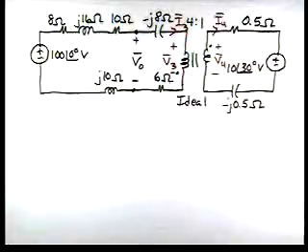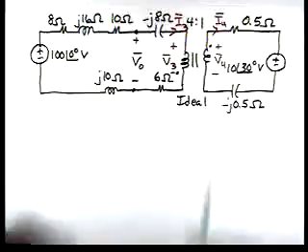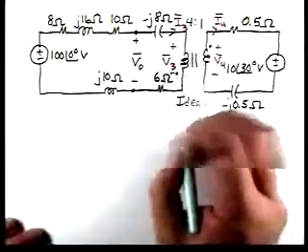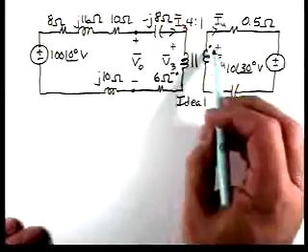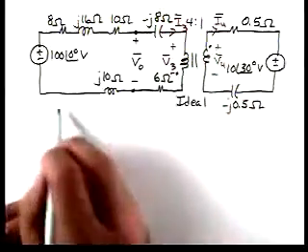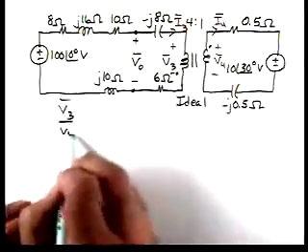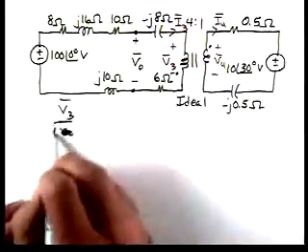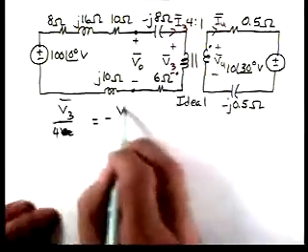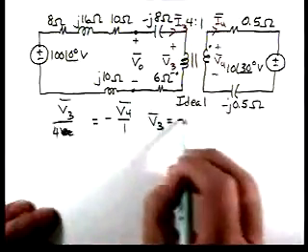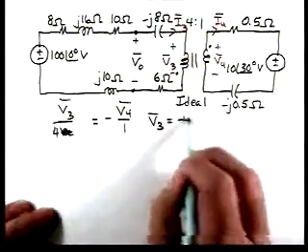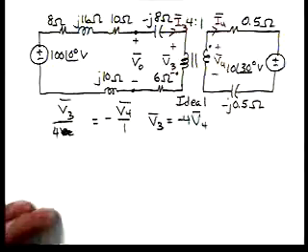And if we look, now we've got the voltages. One's defined positive at the undotted terminal, the other's defined positive at the dotted terminal. So we get V3 over 4 is equal to minus V4 over 1. So V3 is minus 4 V4.